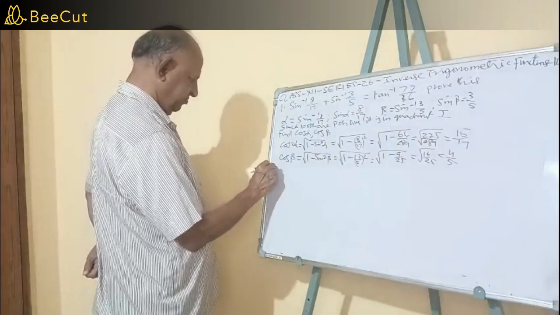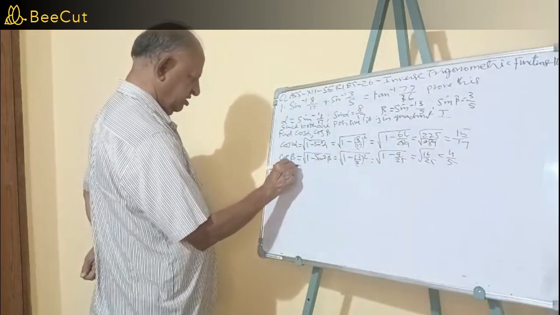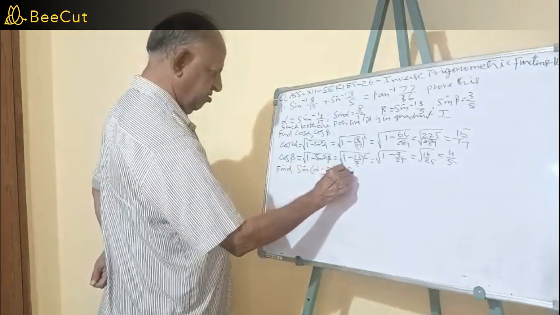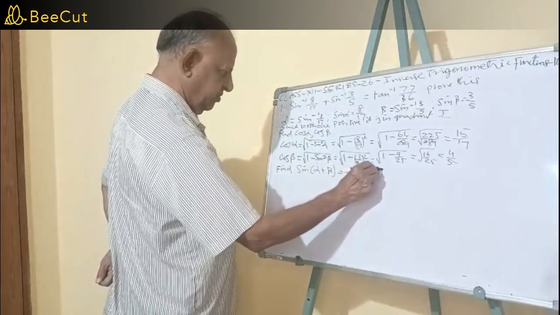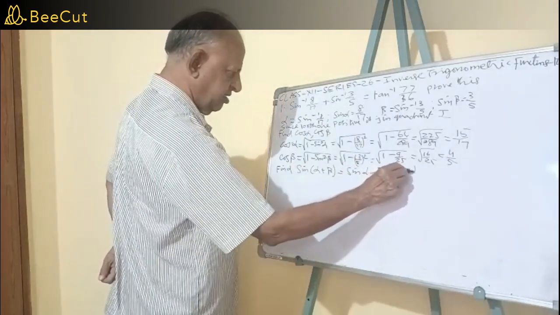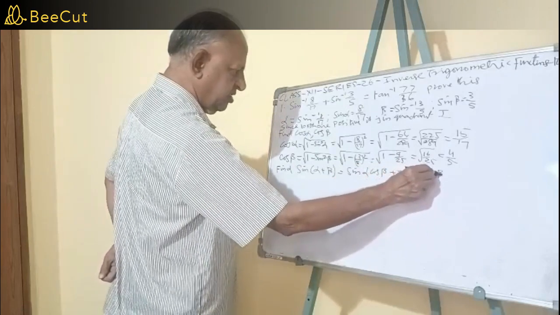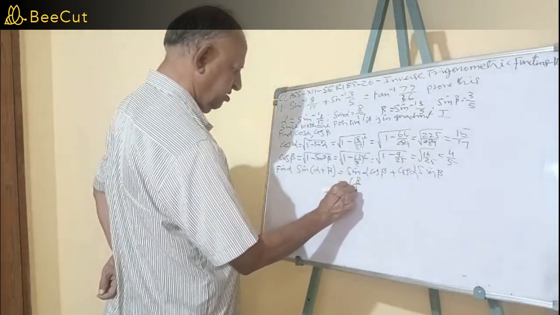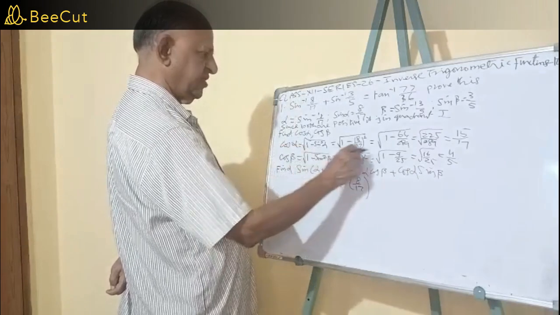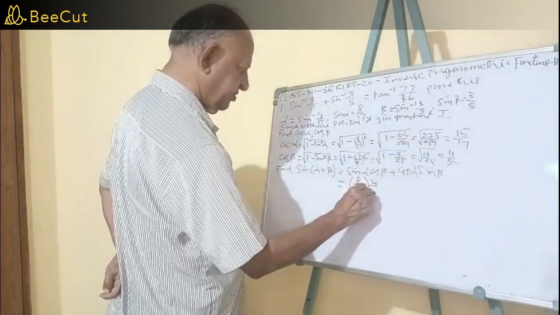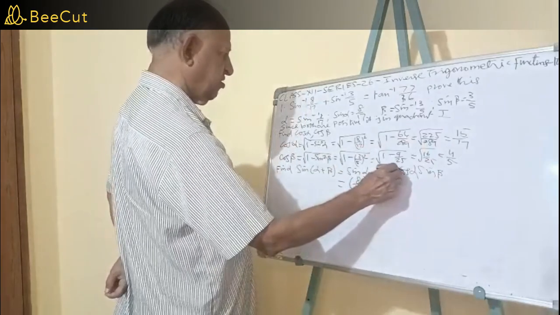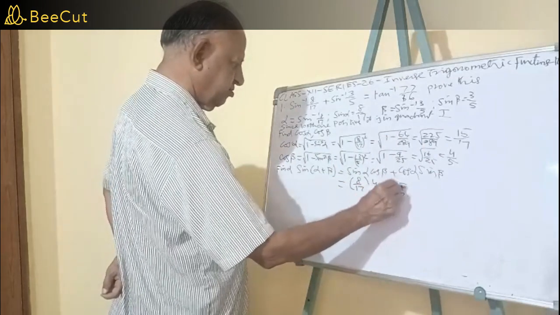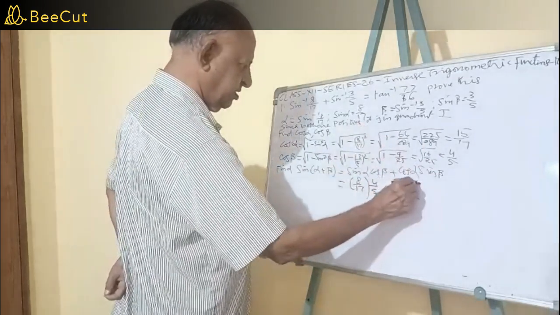Now find sin of alpha plus beta, which is equal to sin alpha cos beta plus cos alpha sin beta. We substitute the values. Sin alpha is equal to 8 by 17 into cos beta, which is 4 by 5, plus cos alpha, which is 15 by 17, into sin beta, which is 3 by 5.